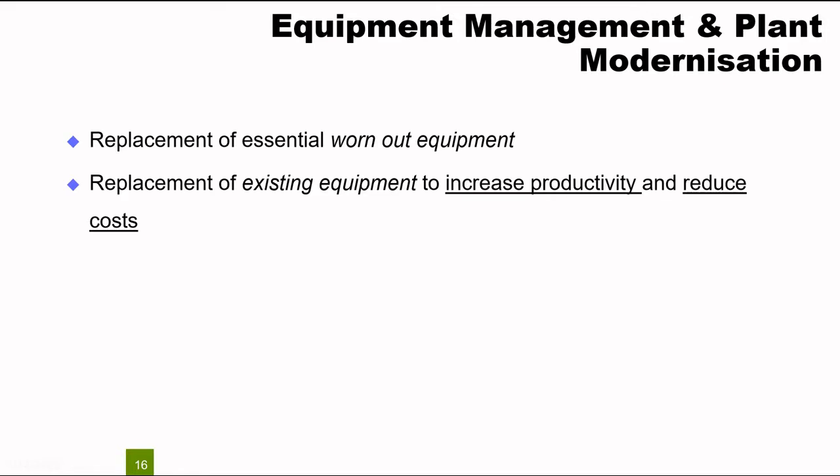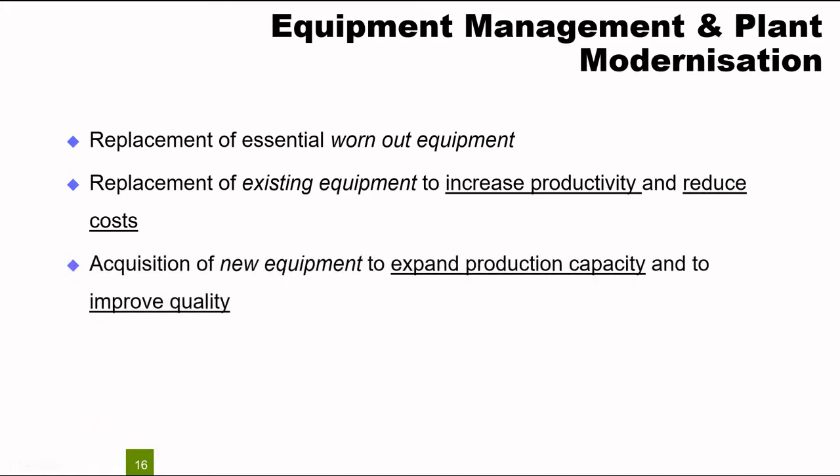Another concept is replacement of existing equipment to increase productivity and reduce costs. You are using the existing equipment, and because of that your productivity is low and the cost is high, and we don't want to sell it. We are not taking into account the increased productivity and reduced cost because of the new machines.